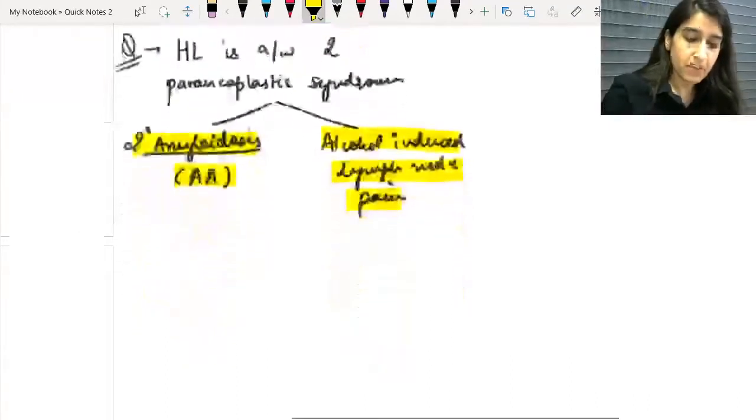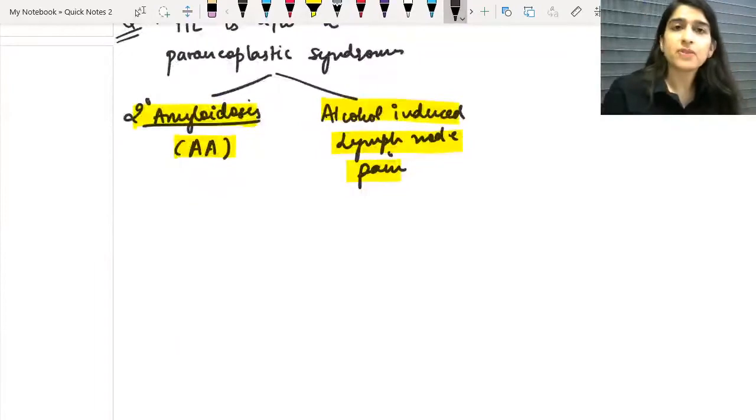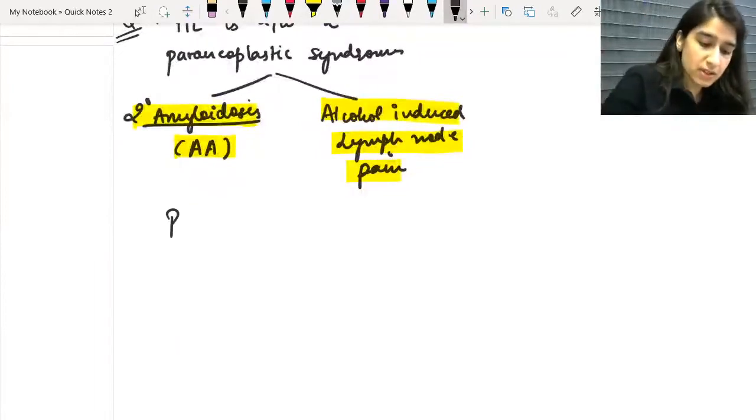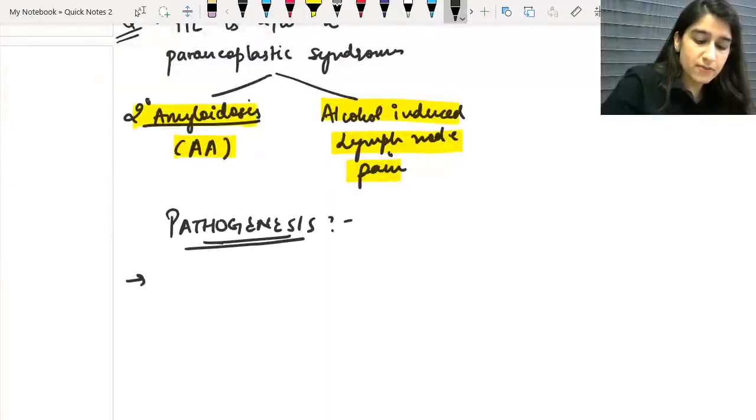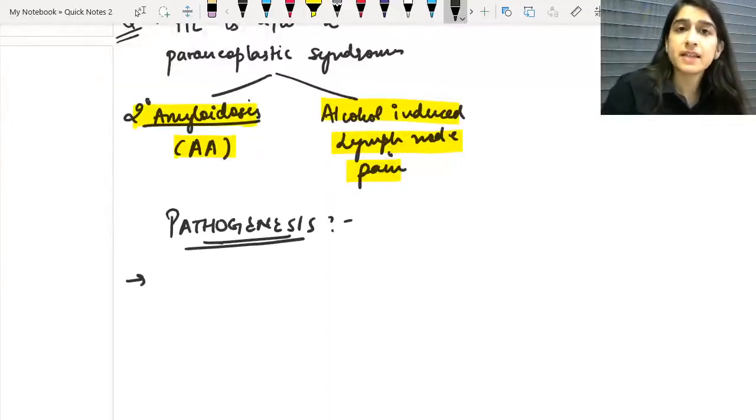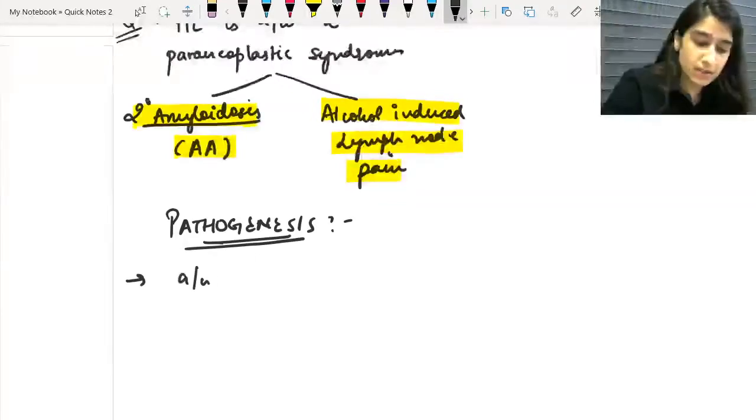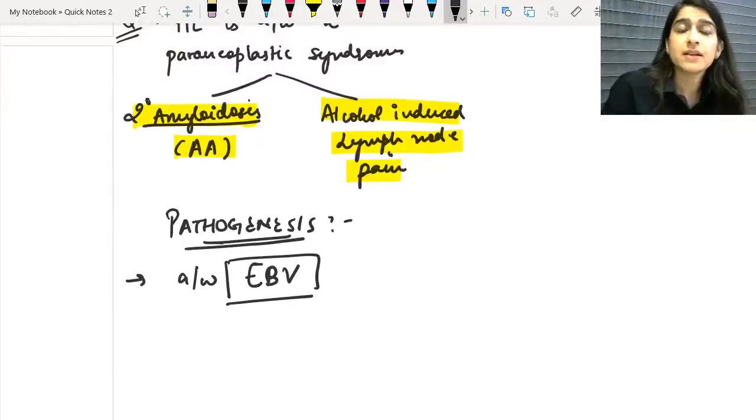Now we move to the etiopathogenesis of Hodgkin's lymphoma. Hodgkin's lymphoma is characteristically associated with EBV infection, that is Epstein-Barr virus infection.